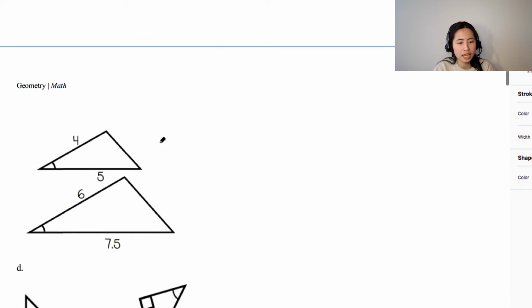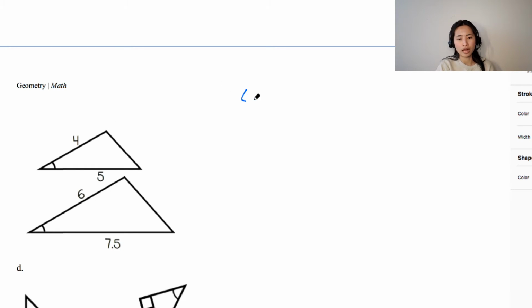Okay, so now we're looking at this. Interestingly, we have side, angle, side. Just by looking at the two triangles right off the bat, we know that the angles are congruent, that's why you only have one symbol. So maybe we can test and see what happens to your sides.